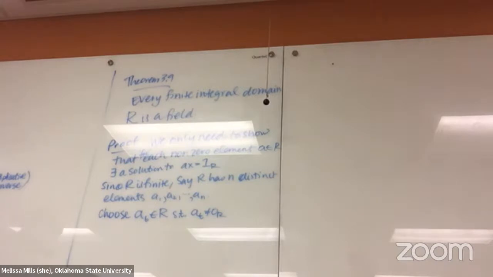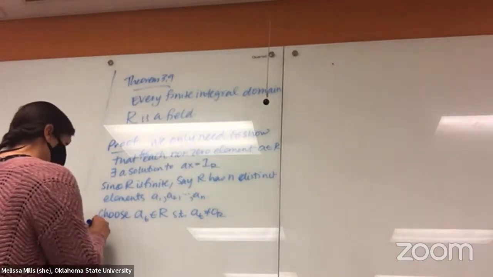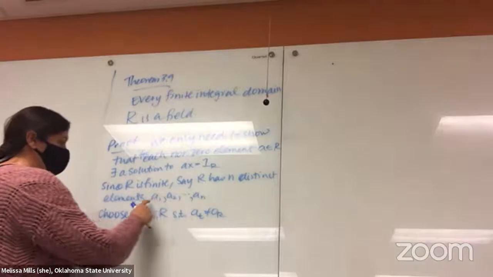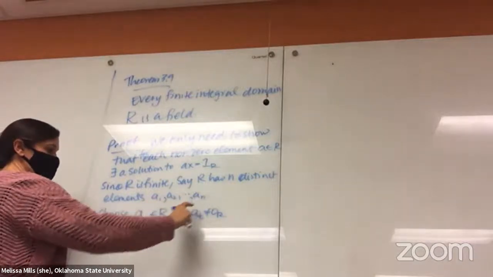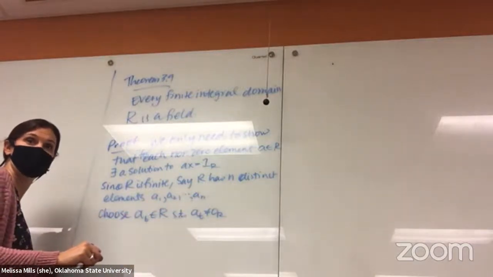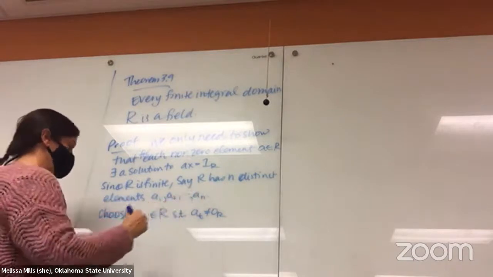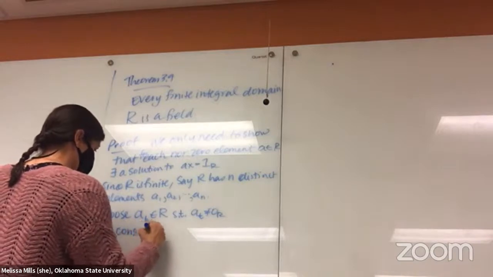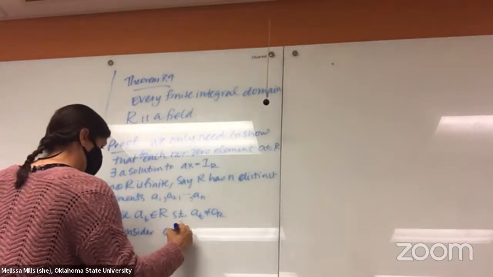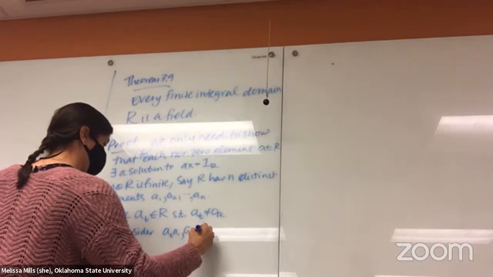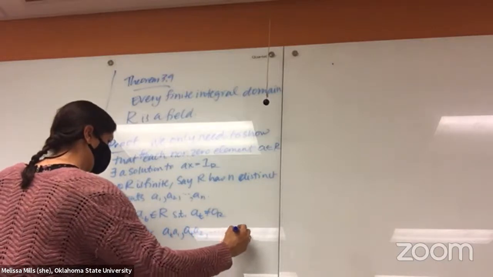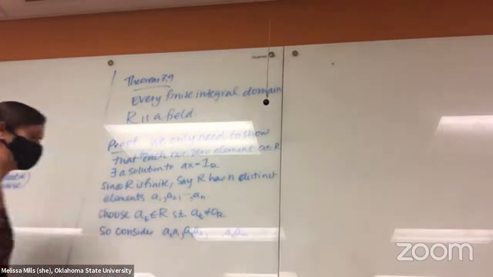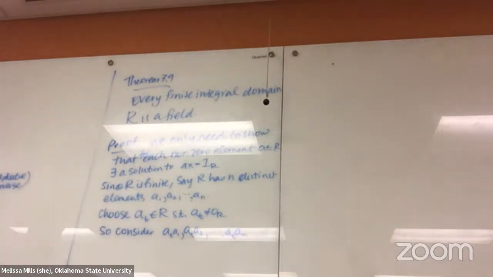Okay. So to show this has a solution, what I'm going to do is multiply all of those elements by AT. So consider AT times A1, AT times A2, up through AT times AN. And so what can we say about those guys?